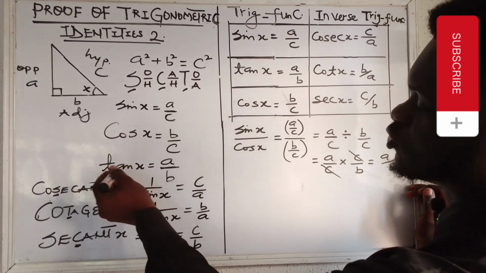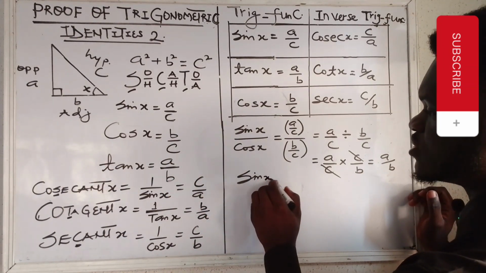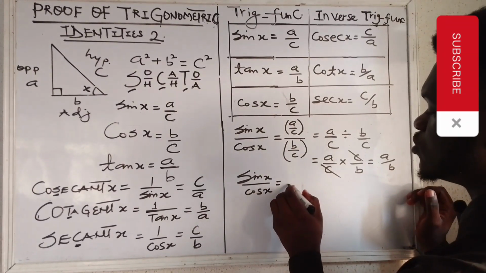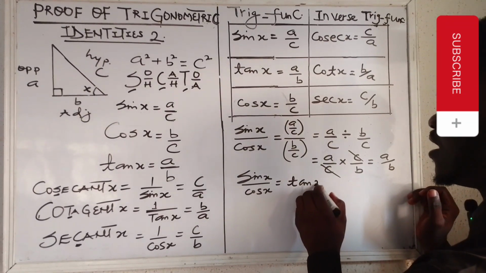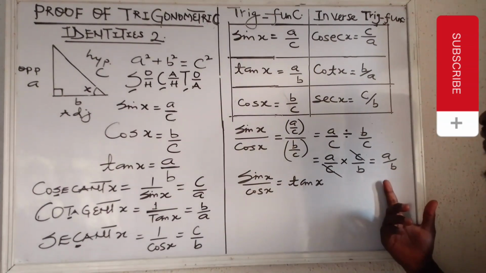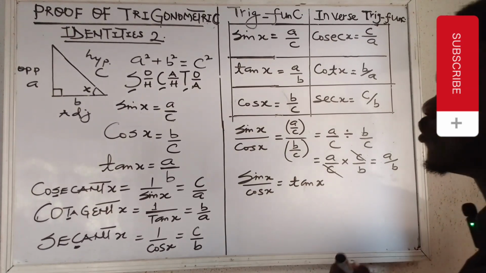A over B is actually tangent x. So therefore sine x all divided by cos x must be equals to tangent x. So it was not magic. This was how it came about. A divided by B. You can see the way everything was simplified to becoming tan x.